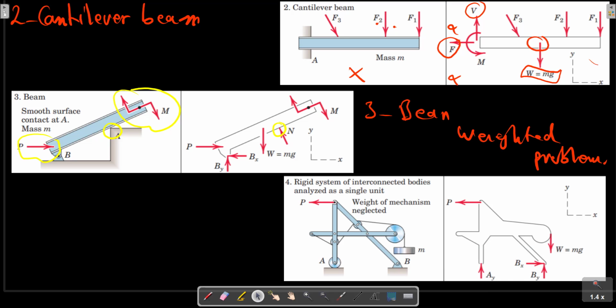In this example 4, the free body diagram of the entire isolated mechanism contains three unknown forces, a rigid system interconnected. The entire isolated mechanism contains three unknown forces if the loads mg and P are known.